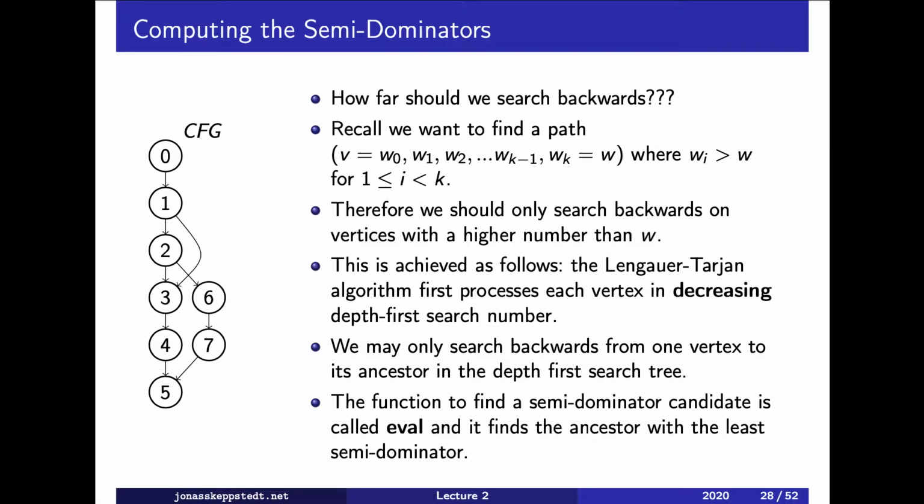We have a function which finds the ancestor with least semi-dominator. This is called eval. There is another function called link, which copies the parent into the ancestor attribute, and that is called after we have found the semi-dominator.